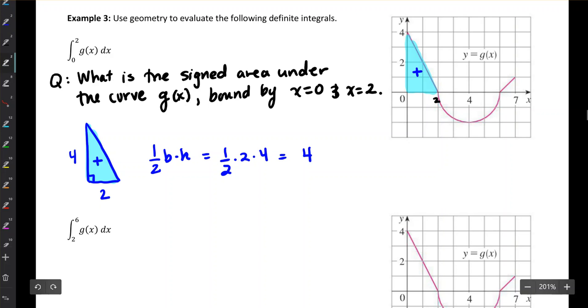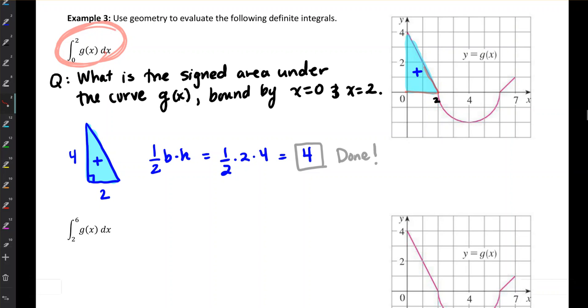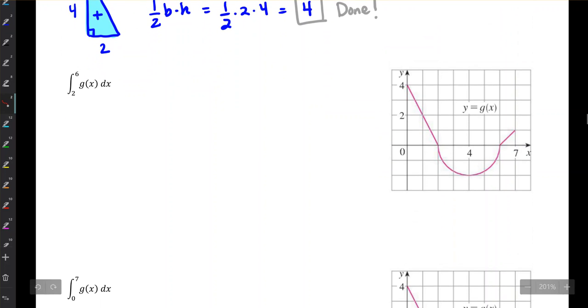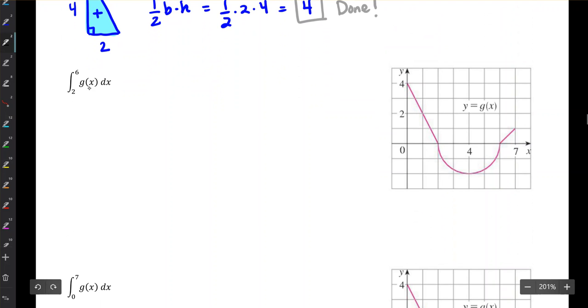That's your answer. Done. So what we're practicing is reading this as an area question and then seeing that area on our graph.